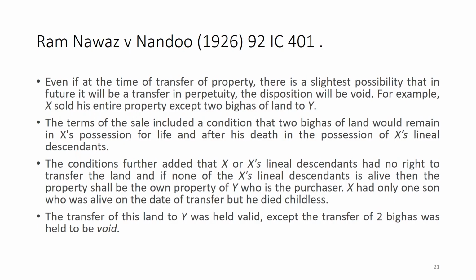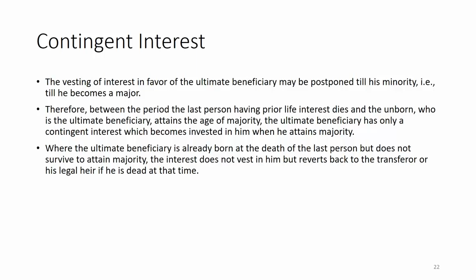In that way no transfer ultimately happened, and it remained in his hand with no use in future. So, the court said that for the 2 bighas it will be void. Okay. The court has given direction in that way.